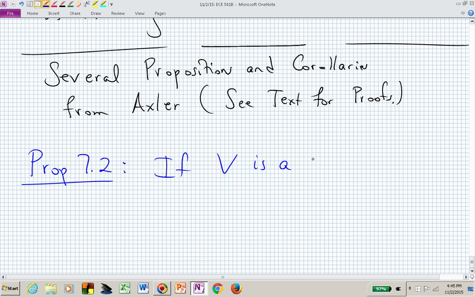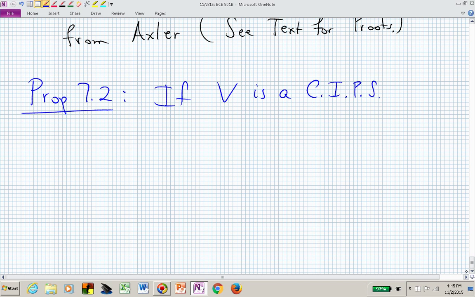is a CIPS, and I'm assuming that these are clear when you tweet these out or when you text these, this CIPS, what is that? Complex inner product space.